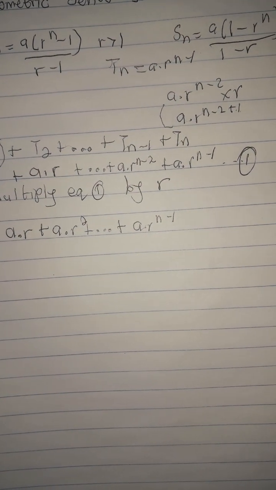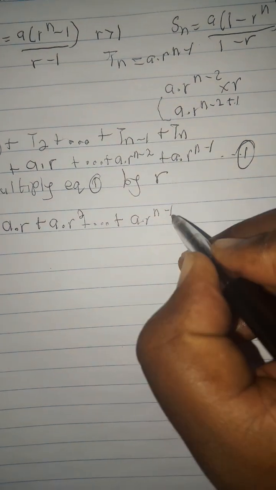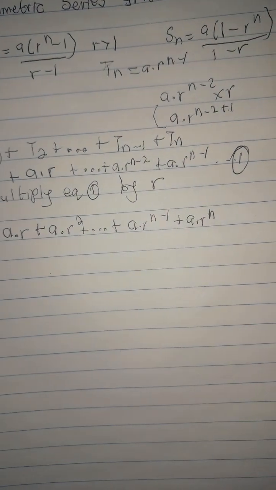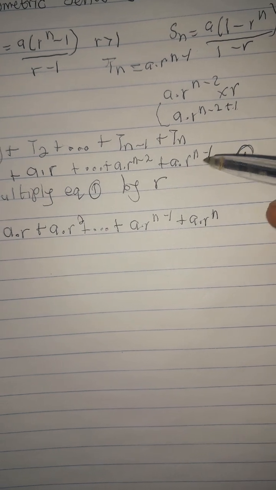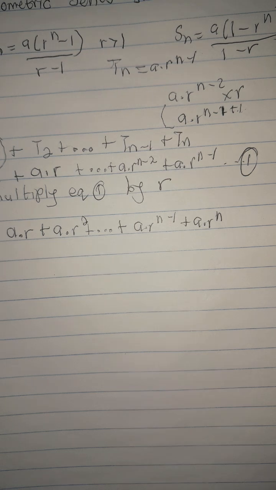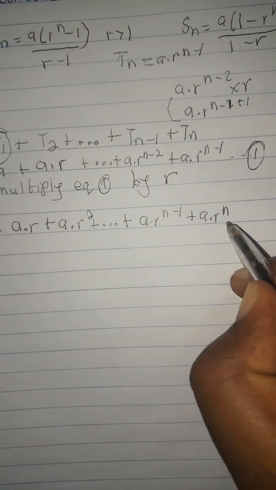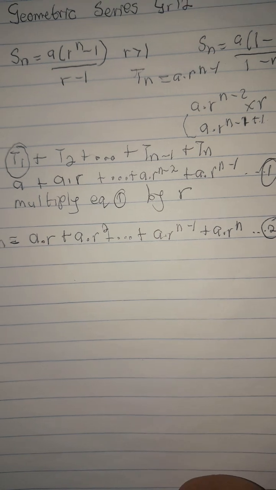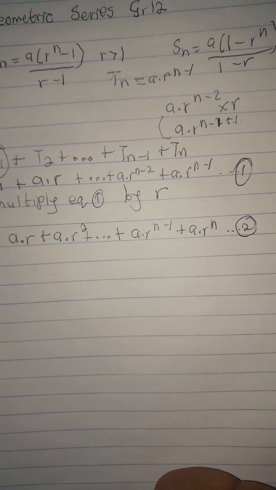Similarly, even here we are going to have ar^n, because if the exponent was negative 1, negative 1 plus 1 will be 0, then you're left with ar^n. So we have formulated equation 2 by multiplying by the constant ratio r.